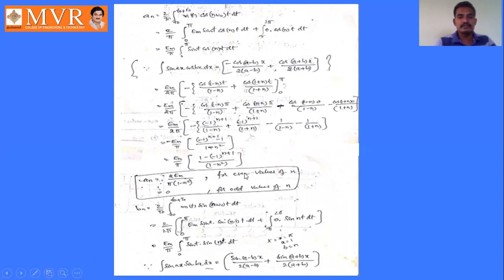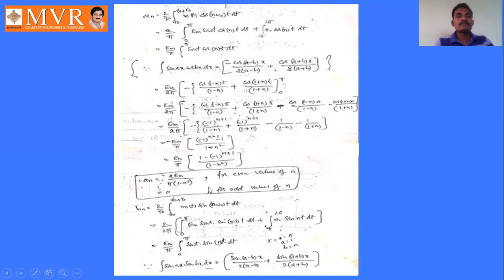If n is 2, then it will become 2Em. If n is 1, then it will become 1 minus 1, that is 0. So an is equal to 2Em by pi into 1 minus n square for even values of n. For odd values of n, its value becomes 0.